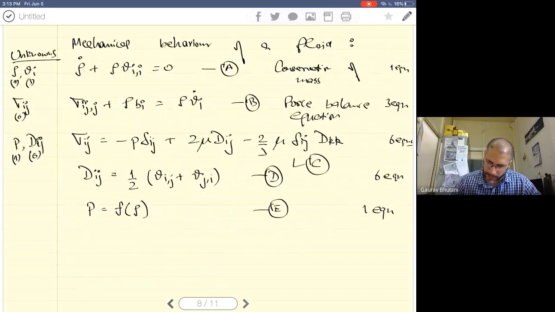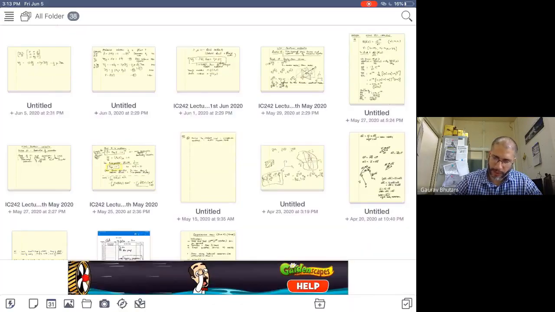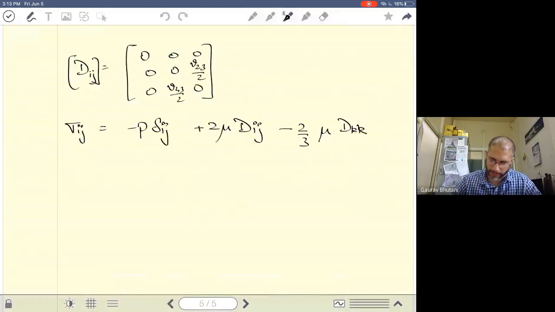So the equation number C is what I've written. So sigma_ij was minus p delta_ij plus 2 mu D_ij minus 2 by 3 mu times delta_ij times D_kk. Of course, we need to have a delta_ij here because otherwise we don't have the same dimensions of tensors.